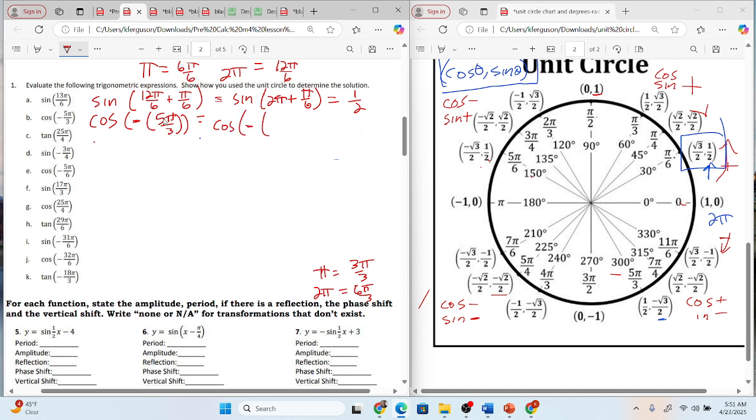Right? So I've got to get 5 pi over 3. Well, that looks like 2 pi minus theta, right? Because if 3 is in my denominator, that means 6 pi over 3, or 2 pi, minus pi over 3.